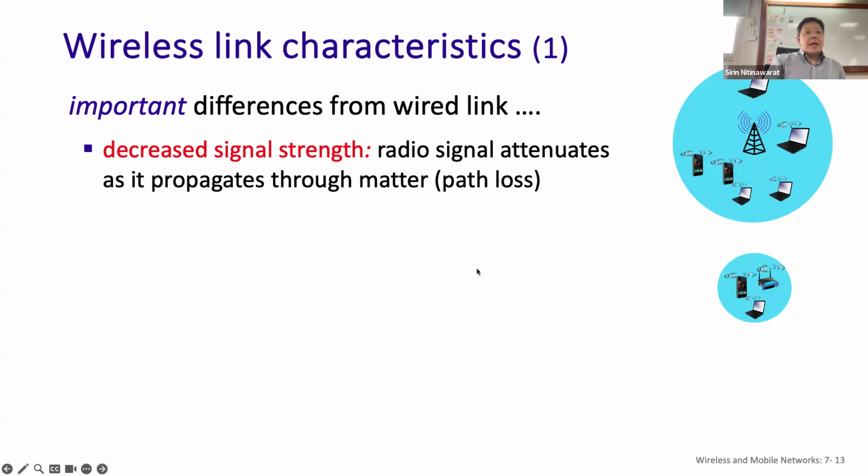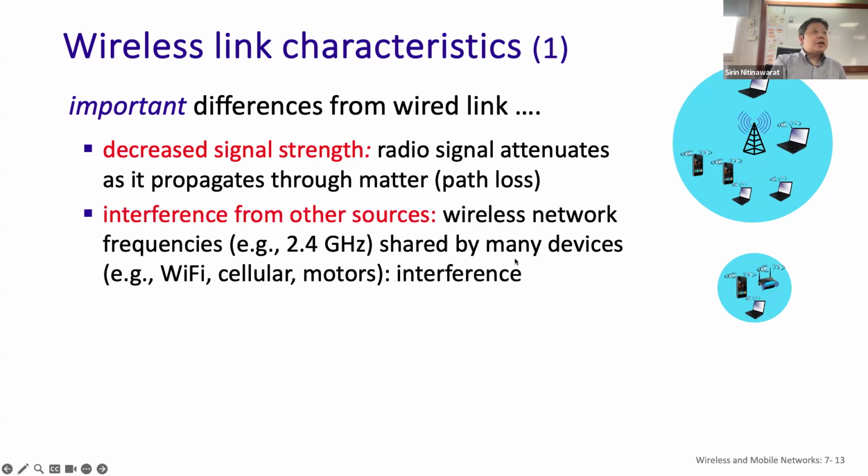But that's not the only challenge, because for wireless situations there are many other important challenges, something like interference, which you can already see from your Wi-Fi connection. Let's say you are in this room, connecting to the Wi-Fi wirelessly.